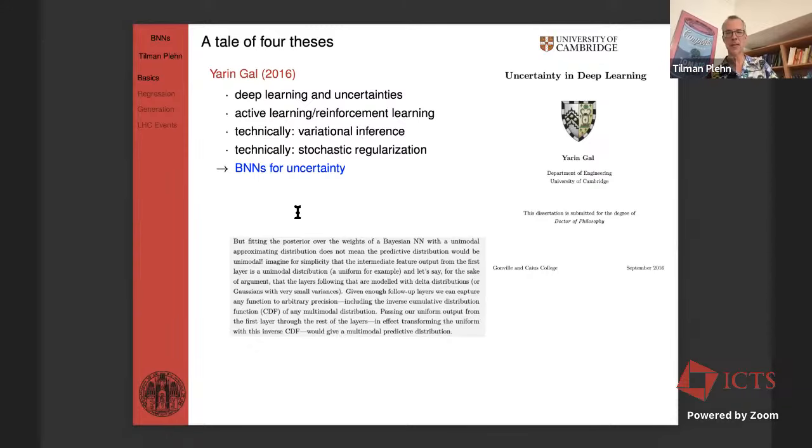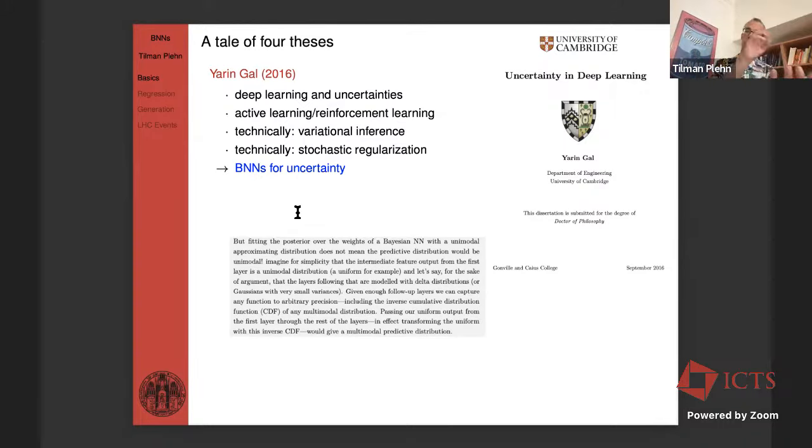This is discussed in the thesis 7 years ago, where he says, if you think about deep networks, the assumptions that you make about your network weight distributions, just like the assumptions that you make about your activation functions, are really very far removed from the expressivity of your network.